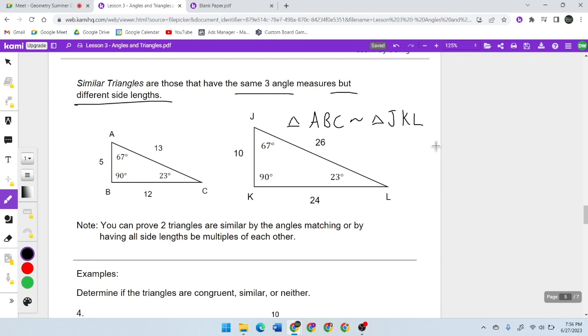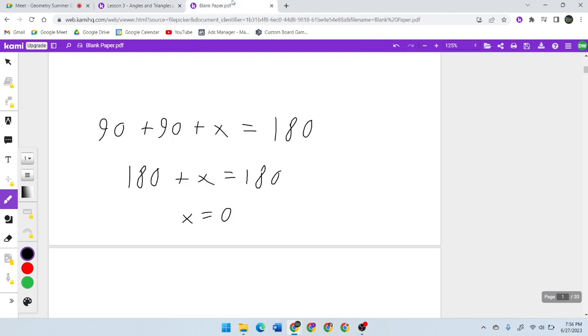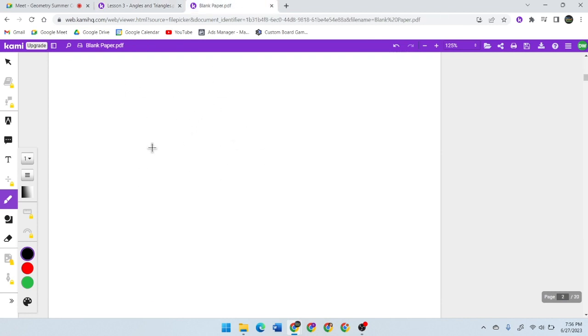The other thing I want to tell you is that the side lengths will be proportional to each other. What does that mean? So basically, let me write on a new page. The side lengths were, for the smaller one, 5, 12, 13. For the bigger triangle, the side lengths were 10, 24, 26.